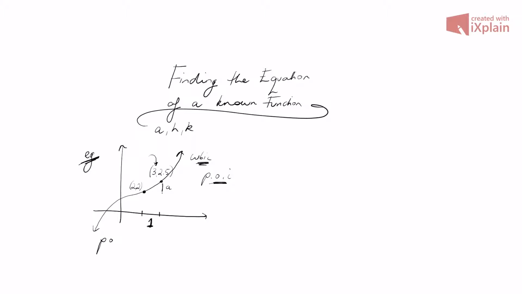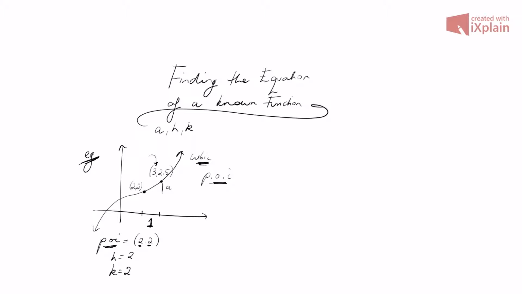When we've got the point of inflection, that's (2, 2). If you've got that special point, we know straight away what h is: it's the x value. We know straight away what k is, which is the y value. So we know h and k straight away.